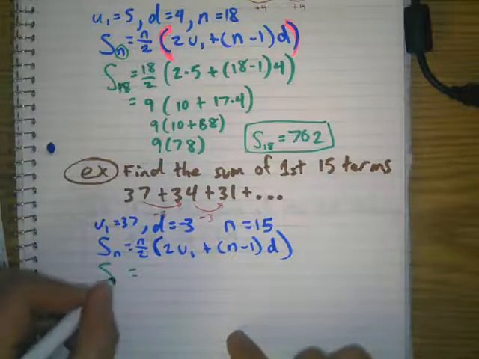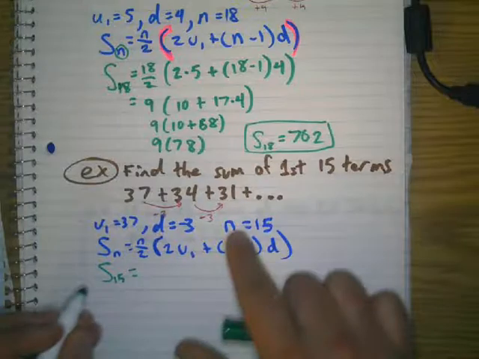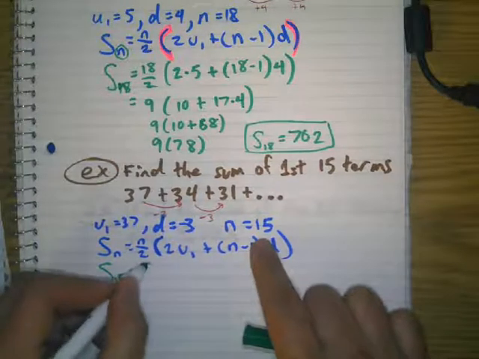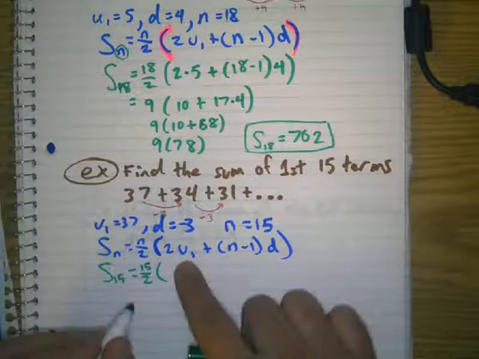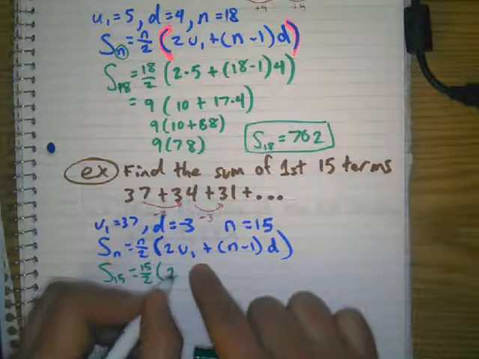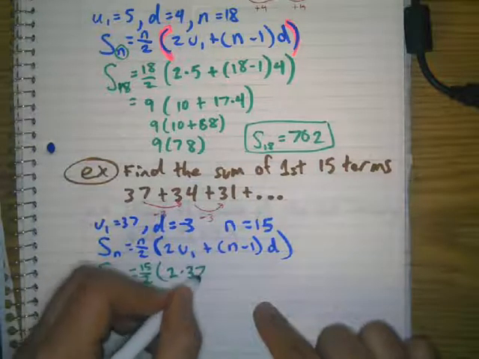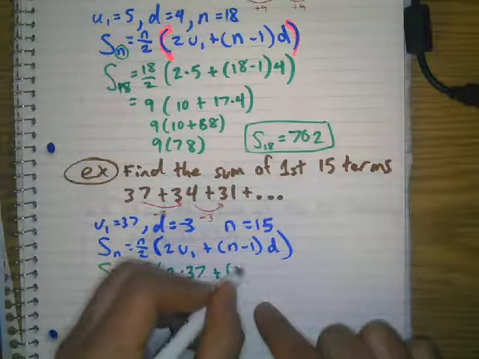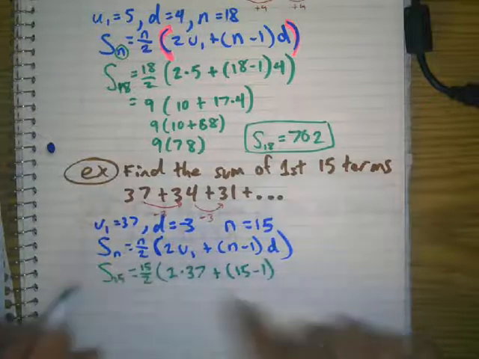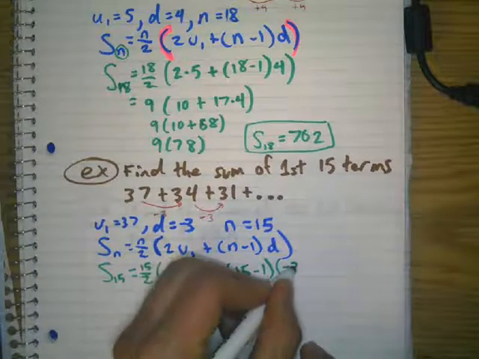S sub 15 equals 15 over 2 times 2 times 37 plus 15 minus 1 times negative 3.